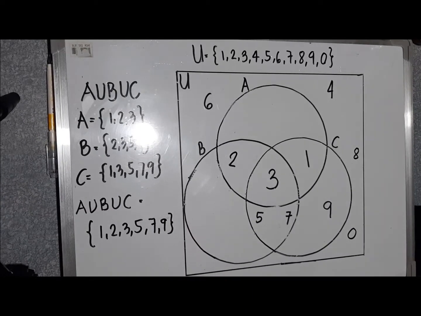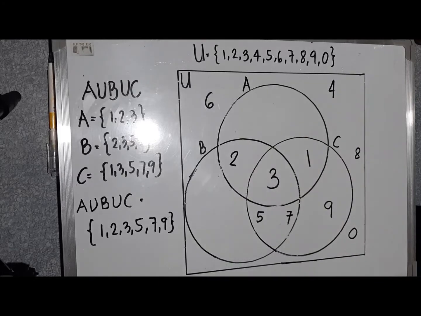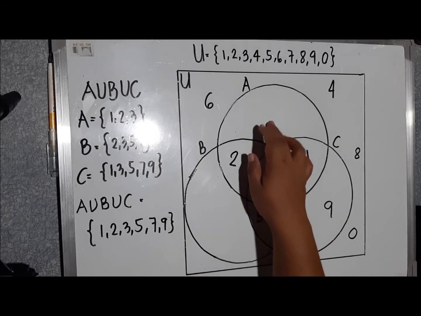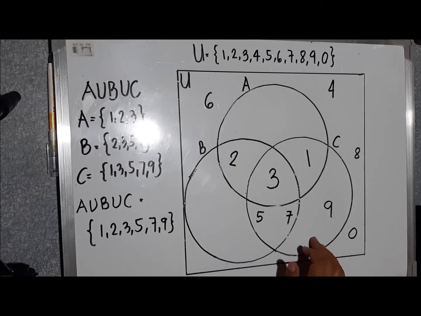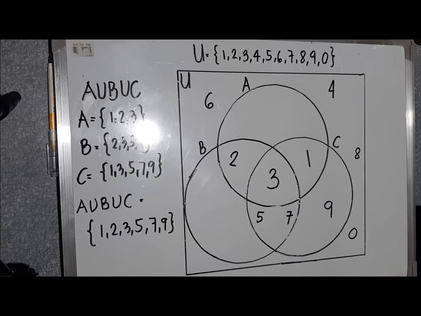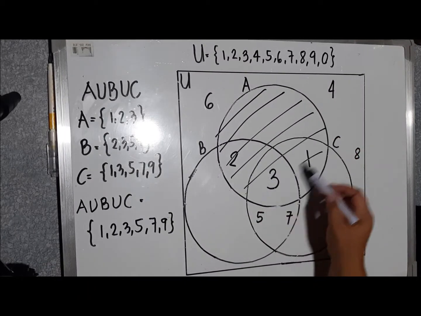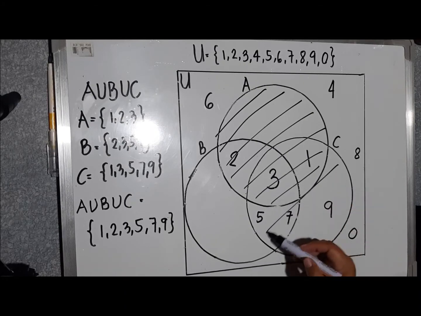So look at our Venn diagram, where are 1, 2, 3, 5, 7, and 9? They are in A, B, or C, all the elements, so we shade that. So we shade A, B, C, and A, B, C only.